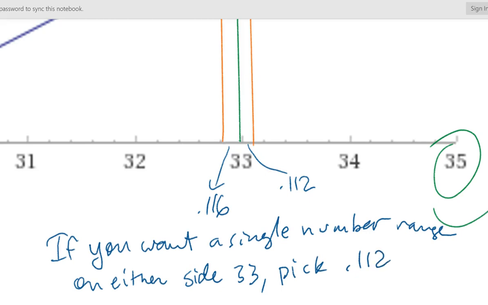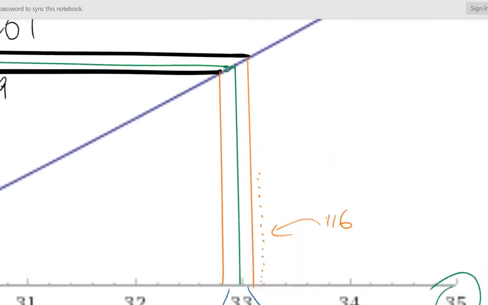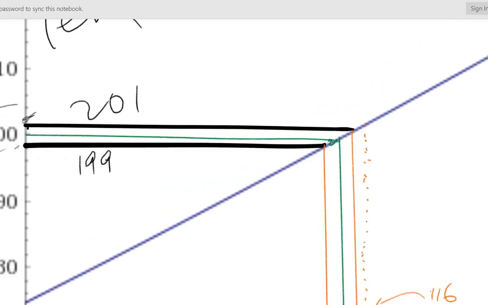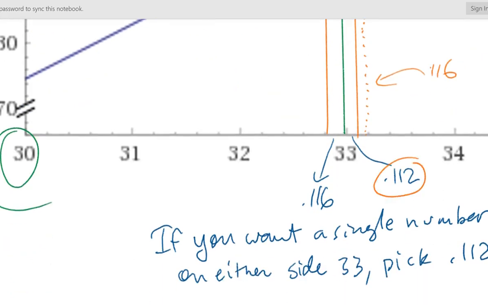If you pick 0.116, then this orange dotted line is going to be over here, 0.116 away from 33, and it's going to fall outside. Sorry, this should be a dotted line, not a dotted curve. It's going to fall outside of that 201 range, and you don't want that. So we're going to pick 0.112 as the answer there.